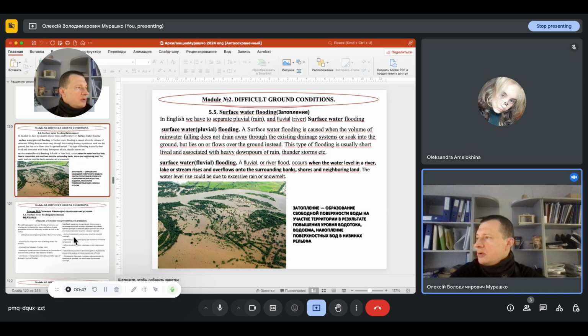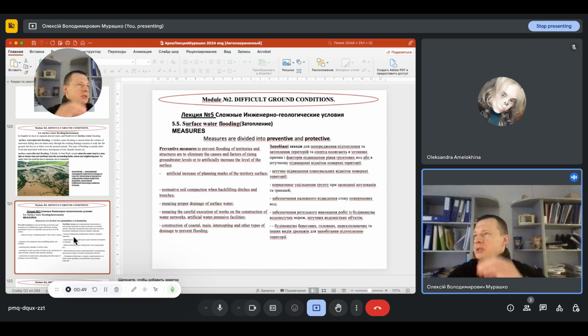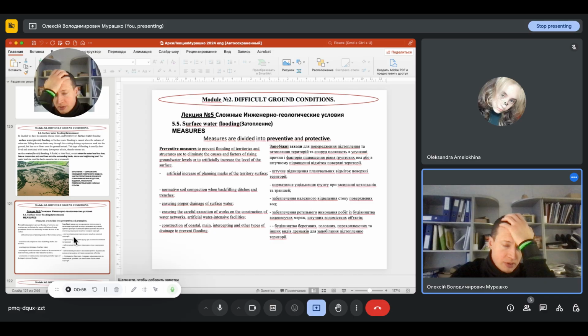So the next kind of situation which we will consider is when we are working with surface water flooding and the construction sites are located in places which can potentially be related to surface water flooding. We have to make preventive measures.